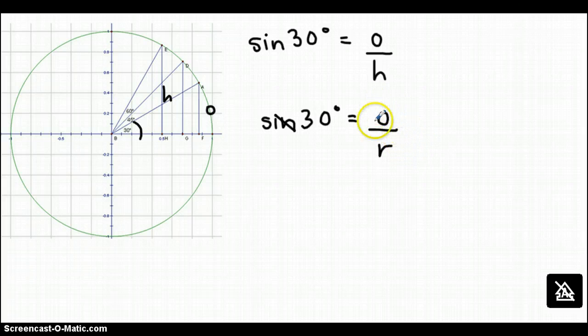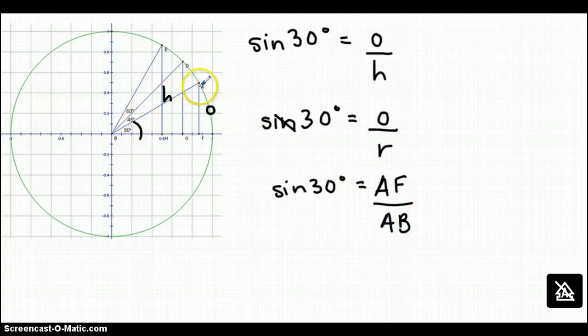Now I'm also going to rewrite my opposite as the actual values in my triangle. So from angle 30, my opposite is AF. So I'm going to rewrite that as AF, and I'm going to rewrite my radius as AB. So just know that there are a couple words that you can use for the hypotenuse side. It could be AB or it could be your radius. However, for the opposite side, it has to be called just AF.